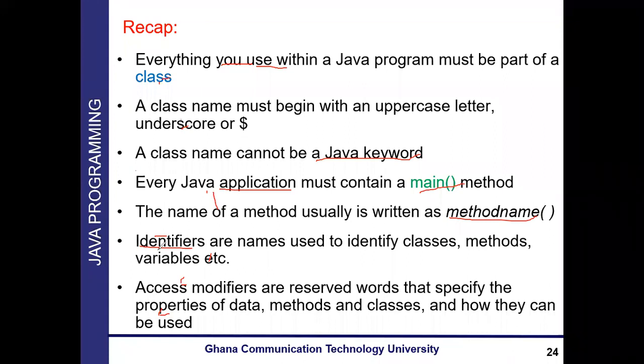If I'm writing a Java file that will contain maybe my school fees, or like I have my church, I want to have collections, then that name you give should have meaning, so that if I look at it later or another person looks at it, it should have meaning.